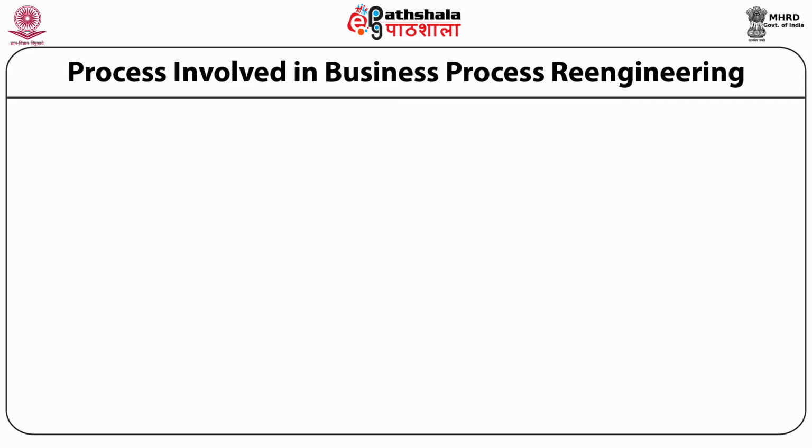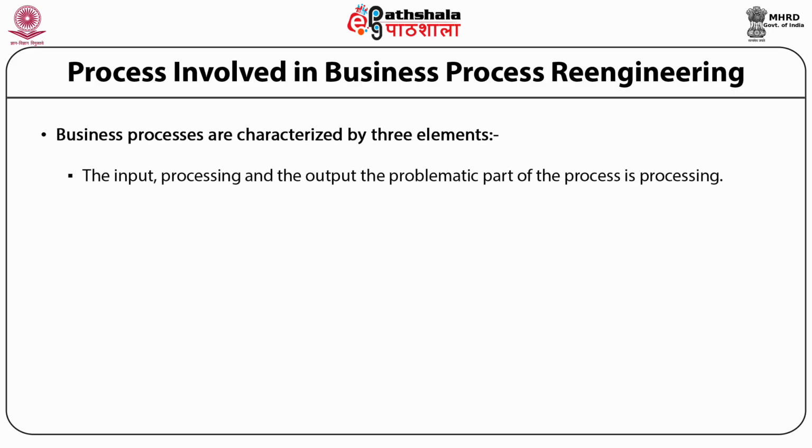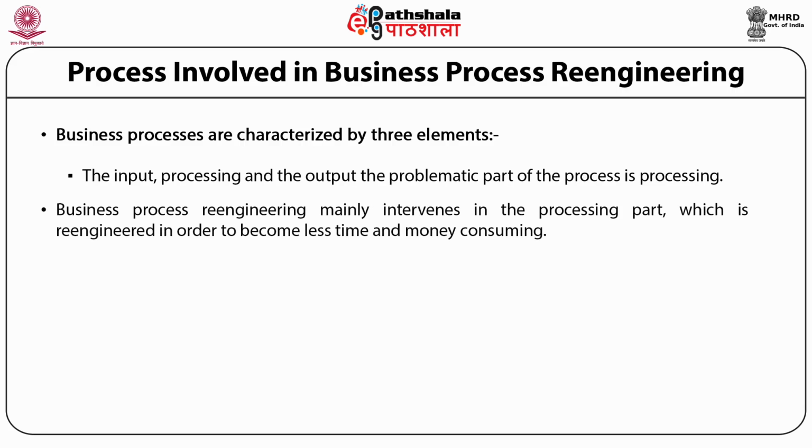Let us throw some light on the processes involved in business process reengineering. Business processes are characterized by three elements: the input, processing, and the output. The problematic part of the process is processing. Business process reengineering mainly intervenes in the processing part, which is re-engineered in order to become less time and money consuming.